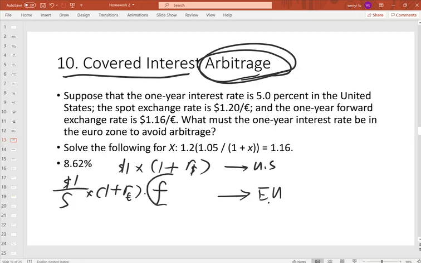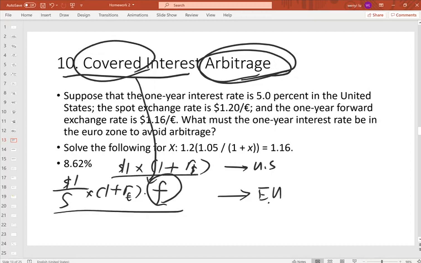Forward rate means you already signed a contract at the beginning of the year to hedge our exchange rate risk. That's why we call this one covered. If there's no arbitrage, these two should be equalized.